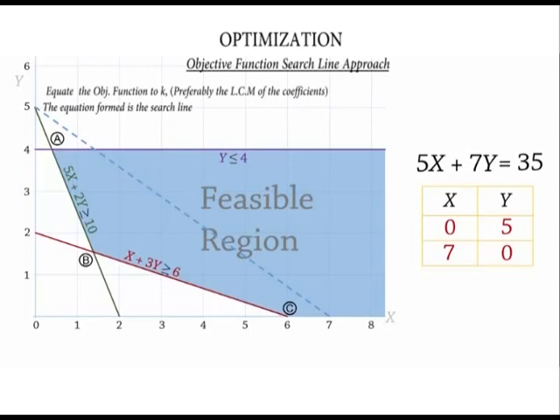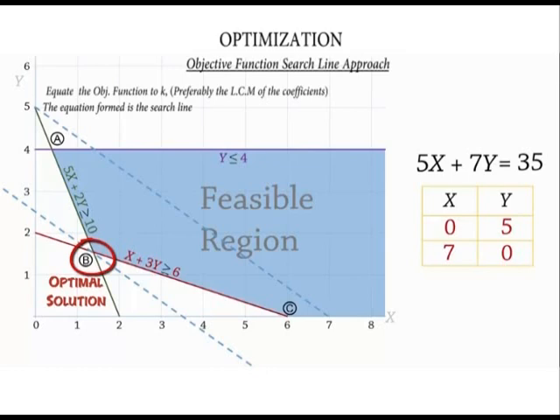So let's move the search line downwards parallel to itself. So you can see it passes points A and C, and obviously point B is the optimal solution. As you will notice, the coordinates of point B are not whole numbers. When dealing with real-life situations and objects that do not take fractional values, such coordinates would not be correct.